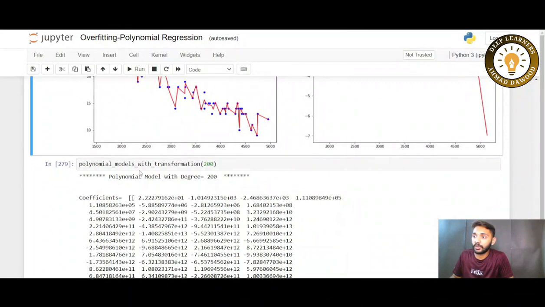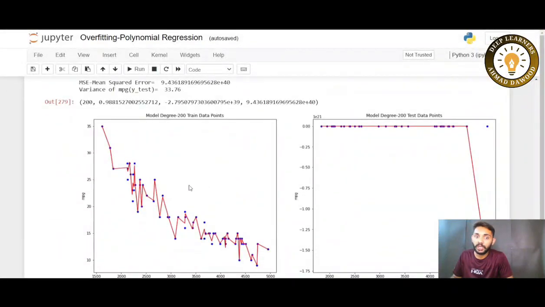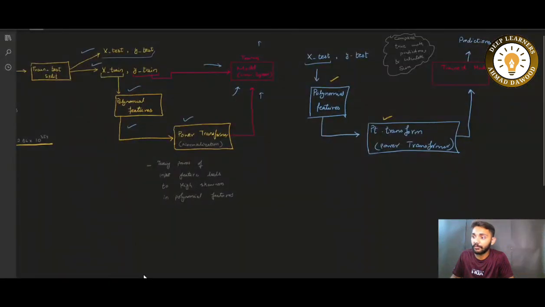In the case of the model with a 200 degree polynomial, you can see it is very perfectly capturing the patterns by going towards each data point.